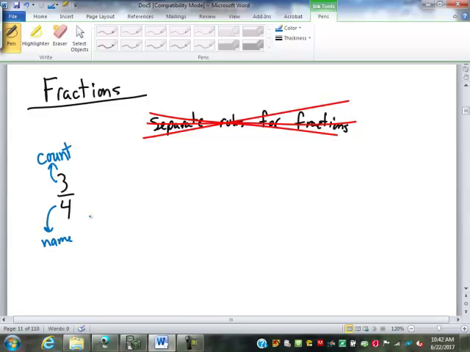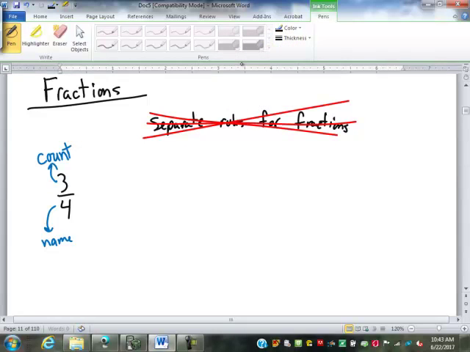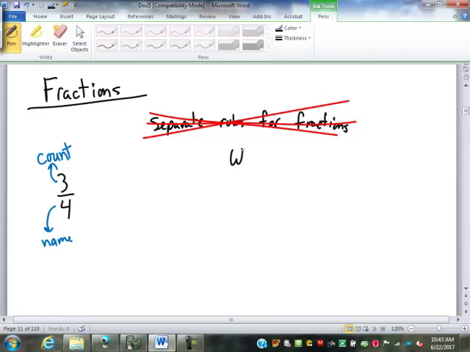So 3/4 means we have 3 of something. Just like having 3 cows or 3 inches. What we have here, though, is fourths. So to start out to define this fraction, the first thing we need to figure out is what is a fourth?